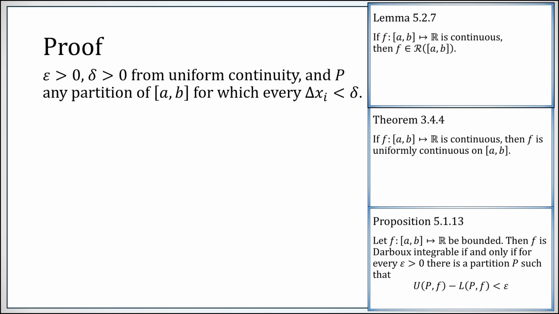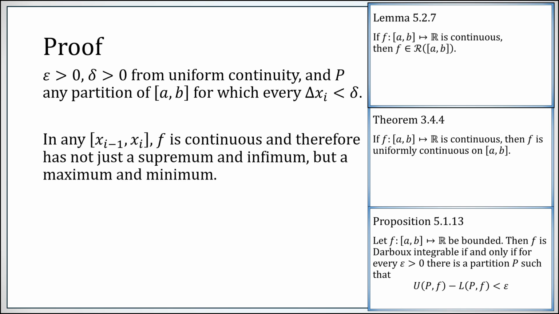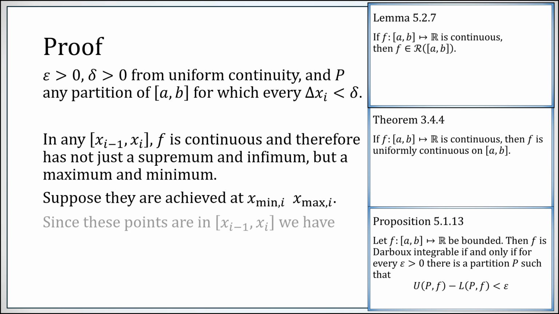So from uniform continuity, we have a fixed delta so that if I take any partition, every piece of which is less than delta in length, f is continuous on every piece of the partition, and therefore on each of these intervals it has not just a sup and an inf, but a genuine max and a min. So they are achieved at two specific points in the domain.